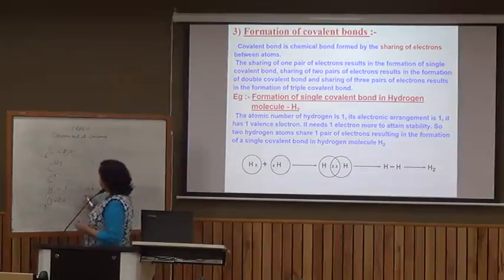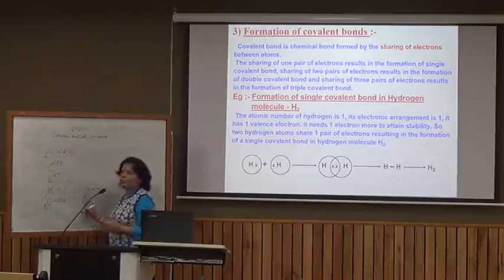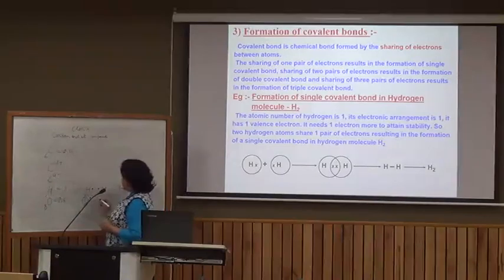So let us draw its electron dot structure. As I said, with the symbol we draw only the electrons in the outermost shell, and as it needs 2 electrons to be shared, we will be drawing the 2 electrons which it is sharing with the other atom towards the center, towards the other atom. So I am showing the other atom of oxygen.